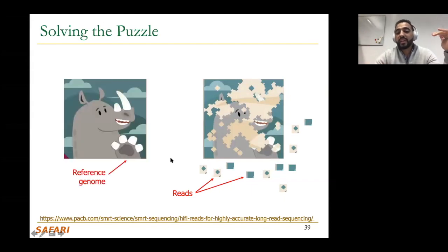Basically, you need something to look at and say, okay, it seems this piece is coming from that particular location, then let's stick it there. And you keep doing this for all pieces. And that's what we call a reference genome. So you really need a reference genome that is coming from somewhere, and then you try to stick your pieces based on that reference genome.